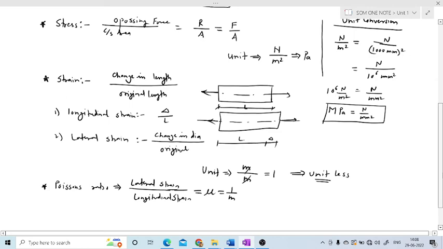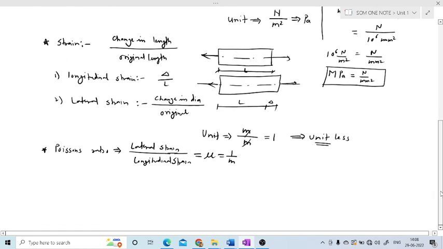Now when we learn stress and strain, along with that we require one more term, and that is the relation between stress and strain. So I'll write here the relation. This relation is given by Hooke, so it is called Hooke's law. And Hooke's law is, up to elastic limit, the stress in any material is proportional to strain.